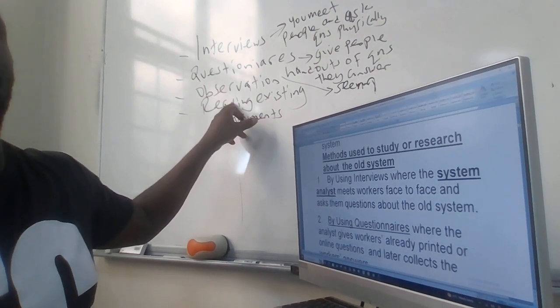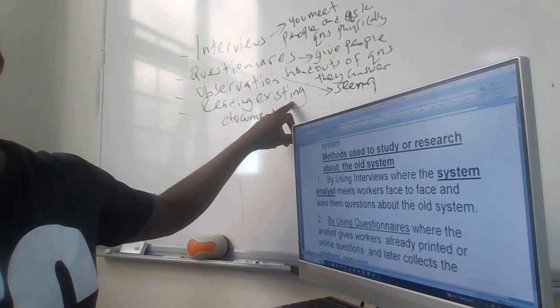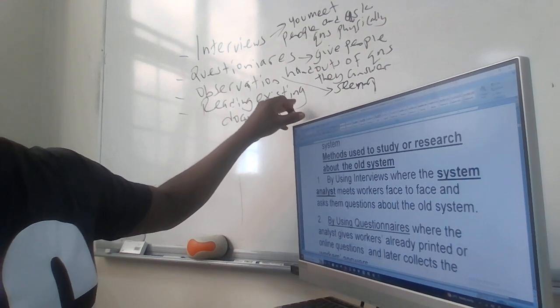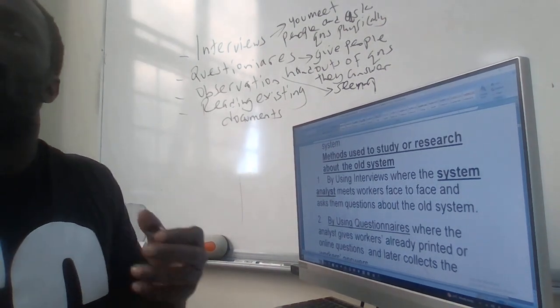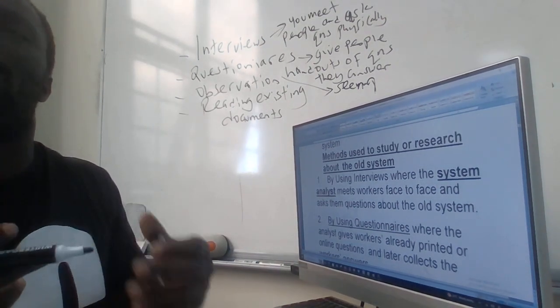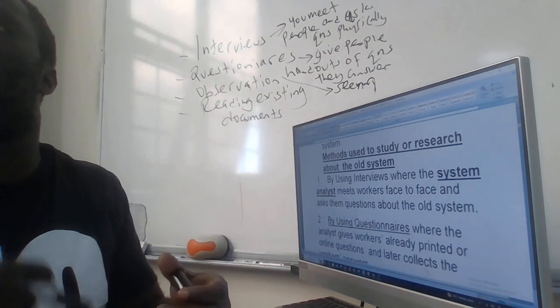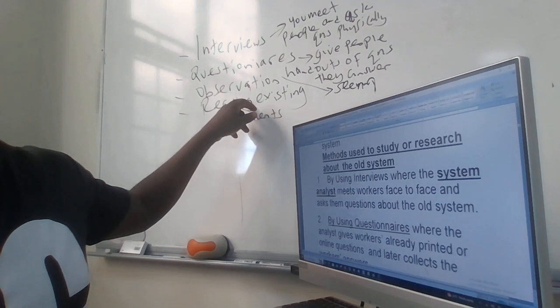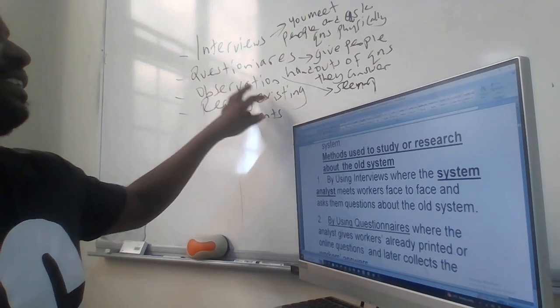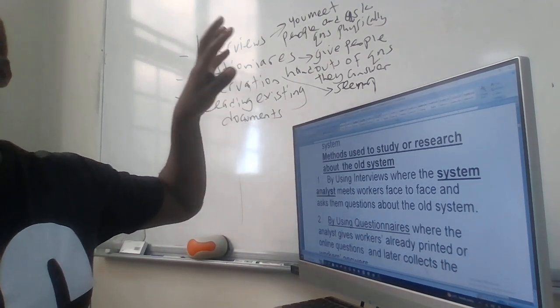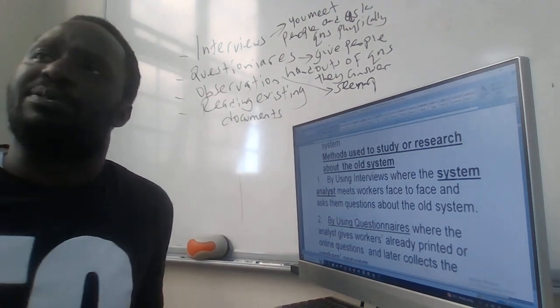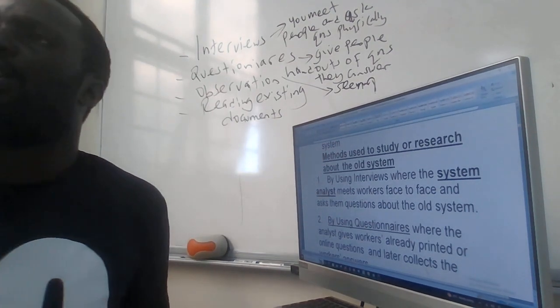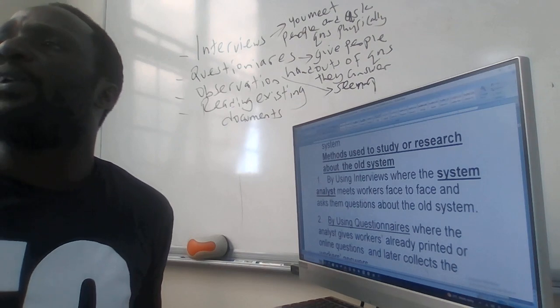Reading existing documents, this one's very straightforward. Here you read documents that have information about the old system. You read information, are you getting me? For example, if you go like in Cambodia, you can read the receipt books, you can read the report cards.